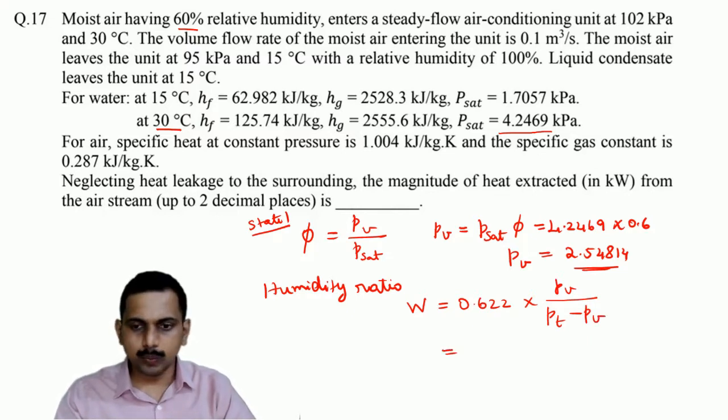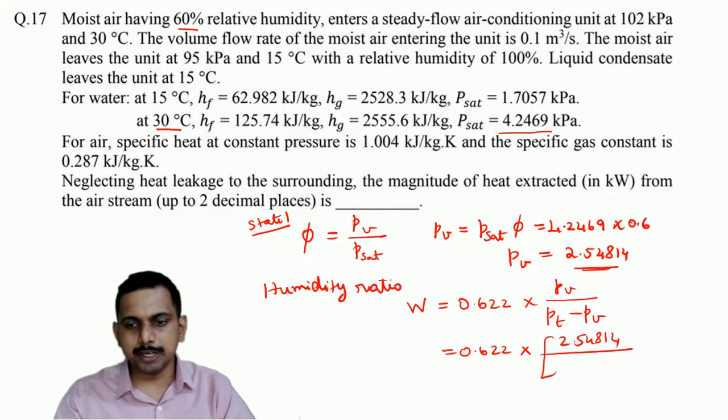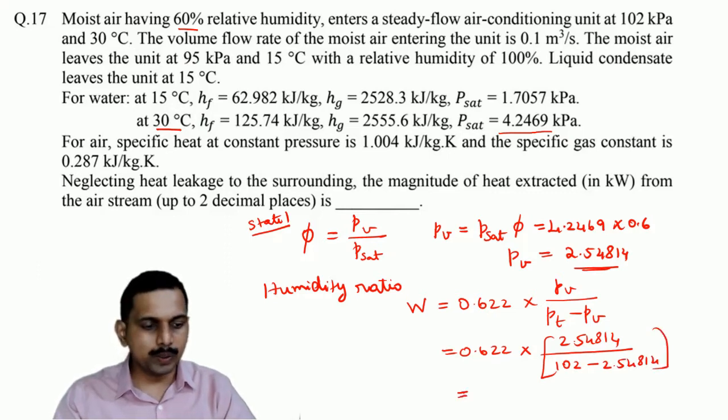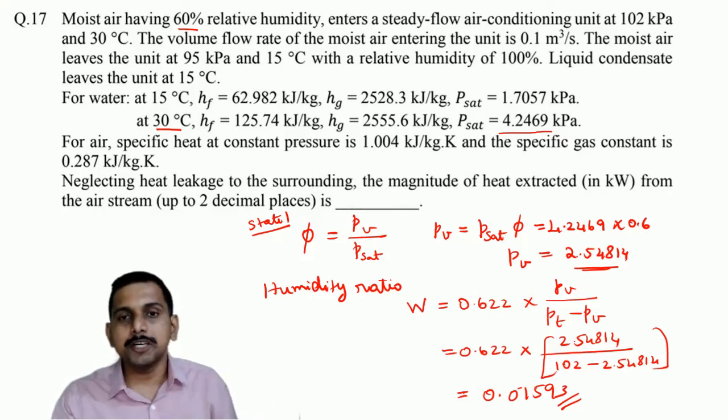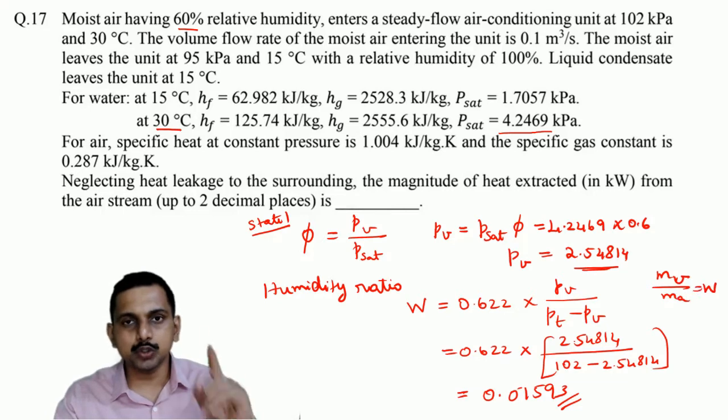This will come as 0.622 into 2.54814 divided by total pressure, 102 kilopascal, minus 2.54814, and this together for me has come as 0.01593. What is humidity ratio? Humidity ratio is mass of water vapor divided by mass of air. This has to be kept in mind.